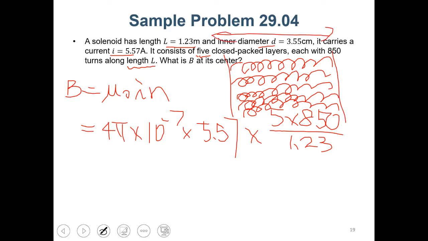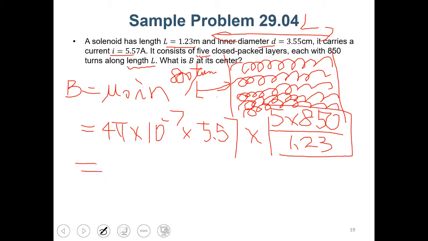This is L, and this is 850 per L. So this one should be like that. And finally, the answer will be 2.42 times 10 to the minus 2 T.